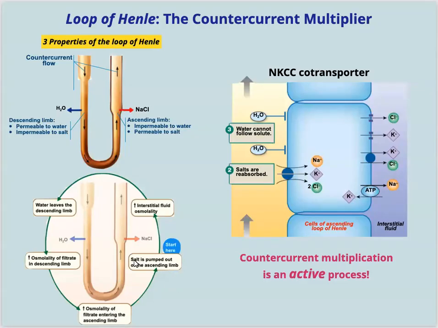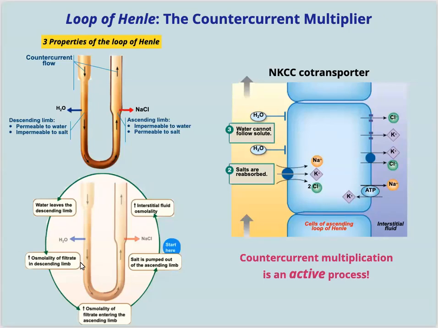So once again, in the ascending limb, salt is actually pumped out. And so we see that the filtrate becomes more and more dilute as it ascends. And so this establishes a concentration gradient within the medullary interstitium, which then allows for the passive diffusion of water out of the descending limb over here.